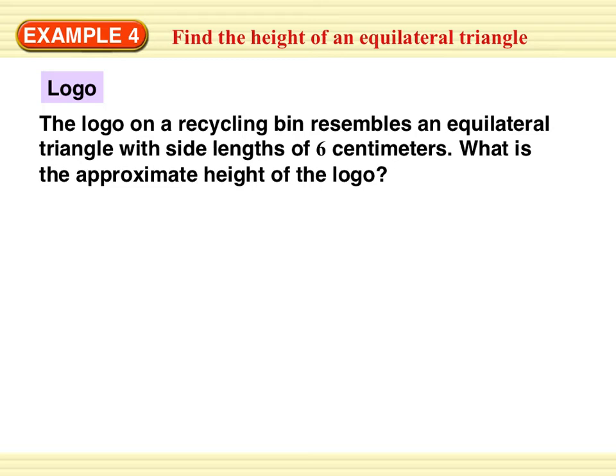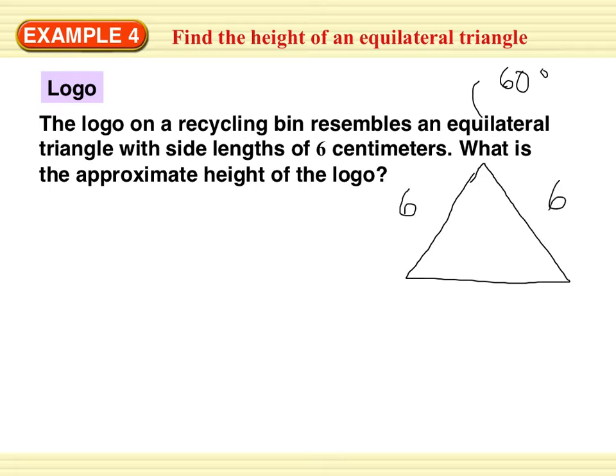All right, the logo on a recycle bin resembles an equilateral triangle with side lengths of 6 centimeters. If you remember, in an equilateral triangle all the angles are 60 degrees. What is the approximate height of the logo?